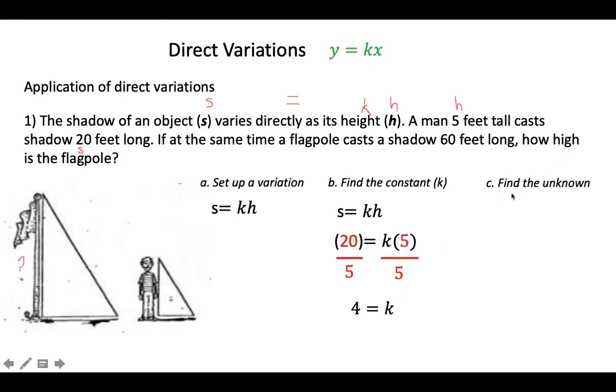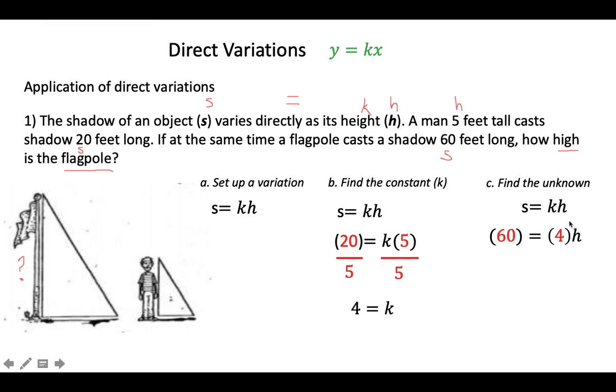For our final step, we find the unknown. The unknown is the height of the flagpole, and our available given is s, the shadow of the flagpole. Using the same variation, s = kh, our s is 60 and our k is already obtained, which is 4.